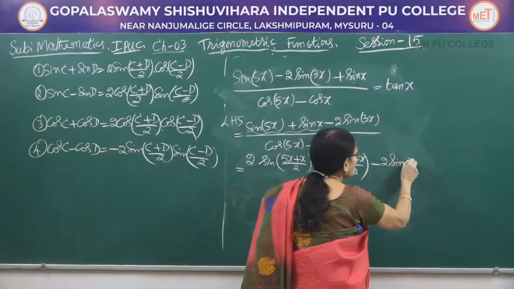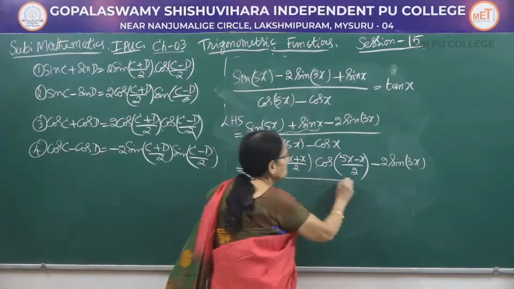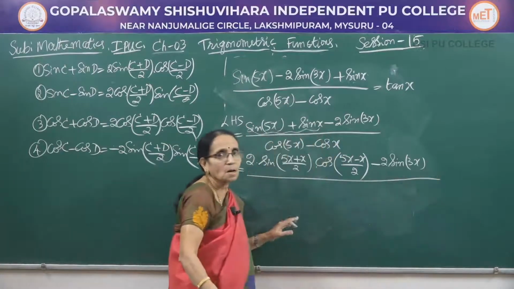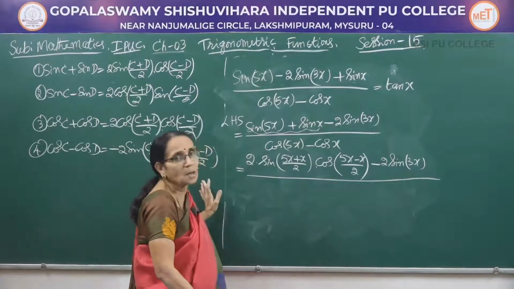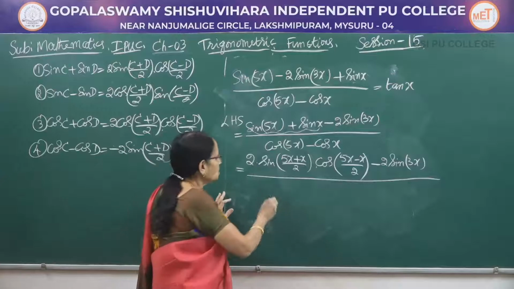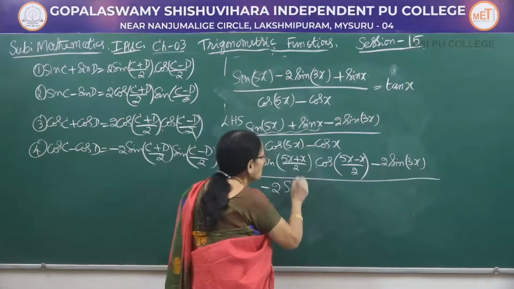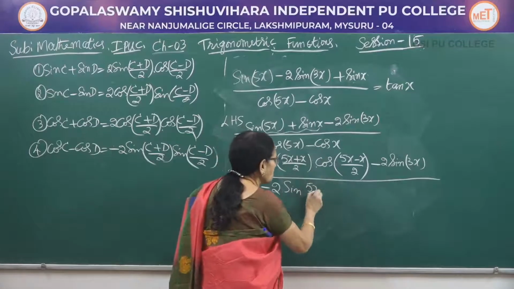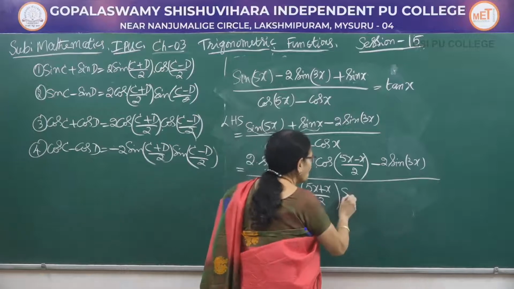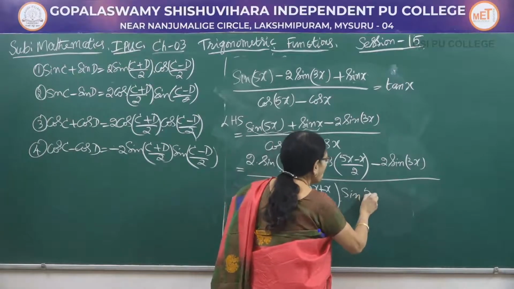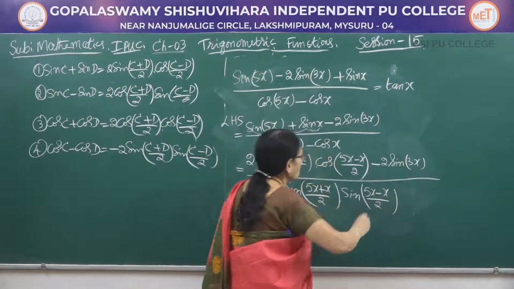It is 2 times sin of 3x. Okay. Denominator, which formula can you apply? It is like cos of C minus cos of D. So the formula according to that one, it is minus 2 times sin of (C plus D) by 2, 5x plus 1x divided by 2, into sin of 5x minus 1x divided by 2.